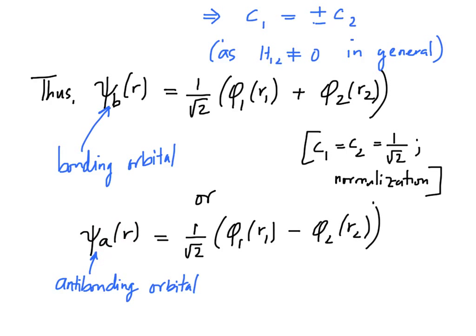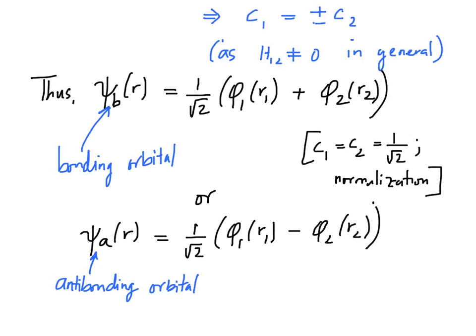So we have two solutions, C1 equals plus C2, C1 equals minus C2, and each of those solutions will lead us to either psi B or psi A. If you use C1 equals C2, you get psi B. If you use C1 equals minus C2, you get psi A. These two quantities here are our molecular orbitals.